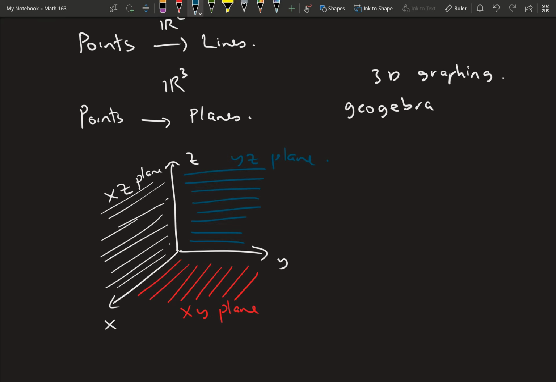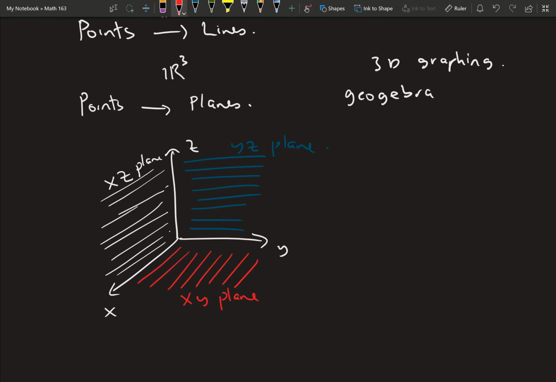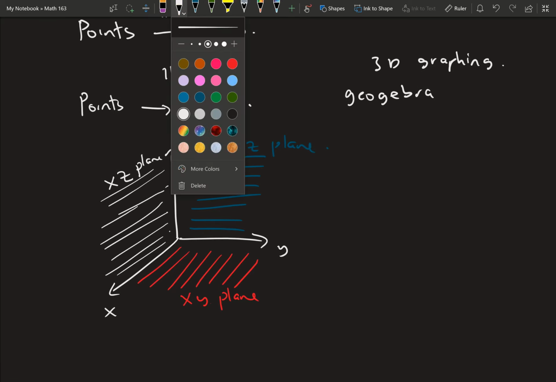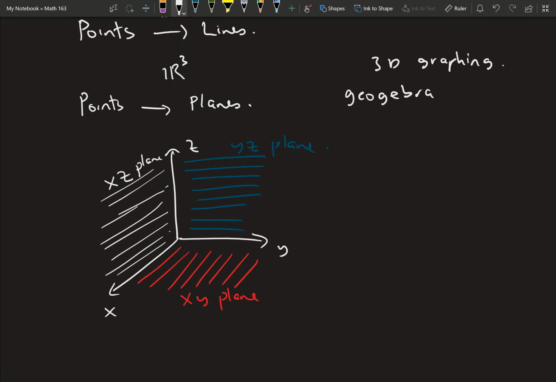So these are 3 pretty important planes that we'll make reference to fairly often. But the question is, what are the equations that correspond to these planes?